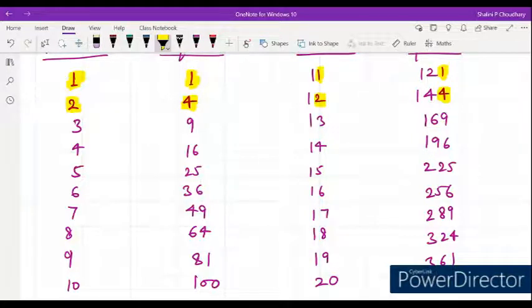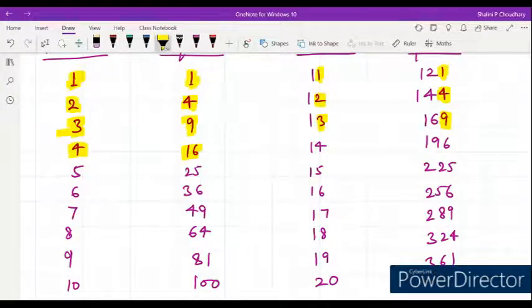We'll see some examples also. Now 3: the square of 3 is 9. The square of 13 also ends with 9. Similarly, 4 squared is 16, which ends with 6.